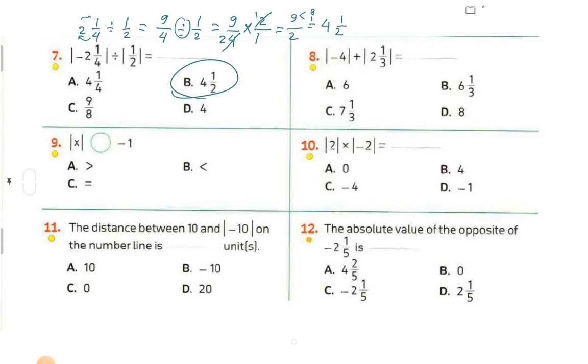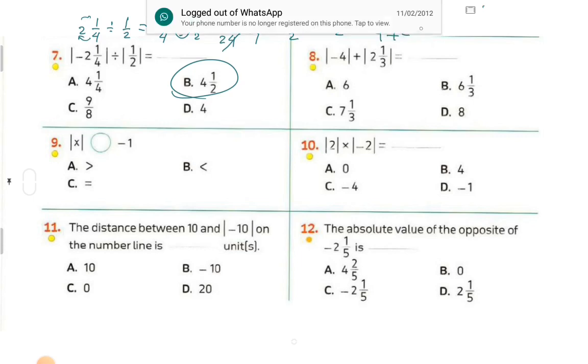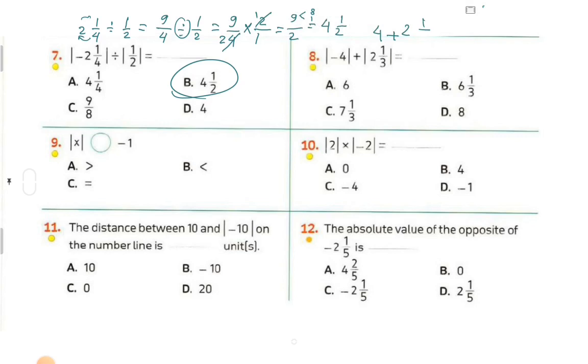Point 8. Absolute value of negative 4 equals 4 plus 2 and 1/3. Okay, I need to add them. 4 with 2 just equals 6 and we have 1/3.